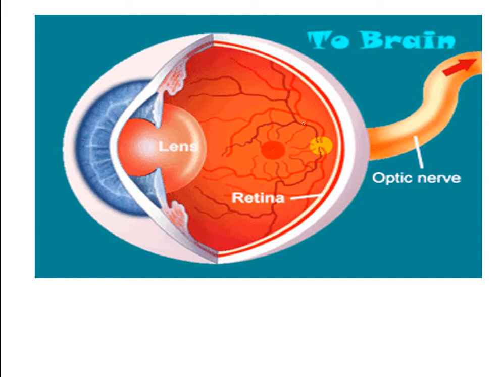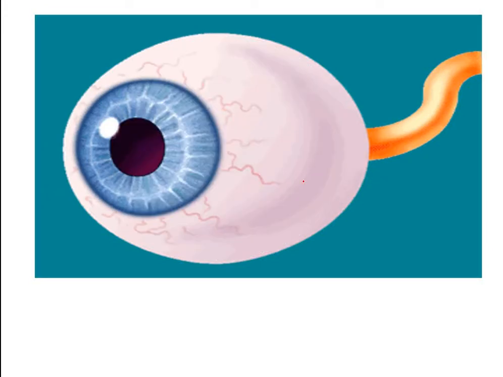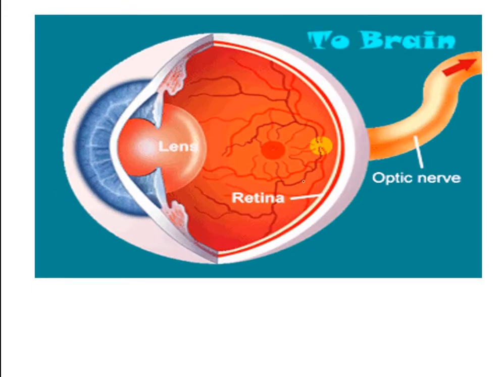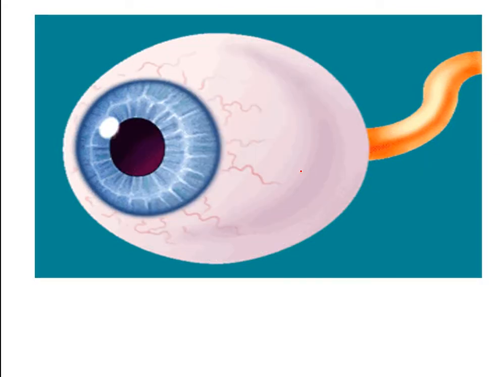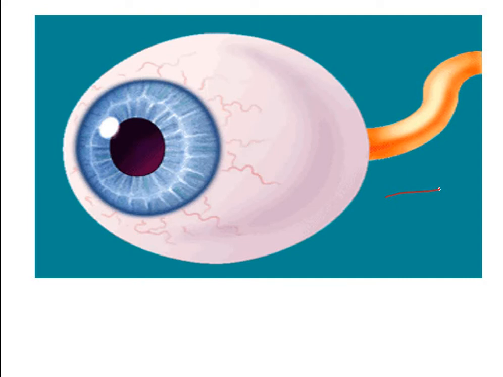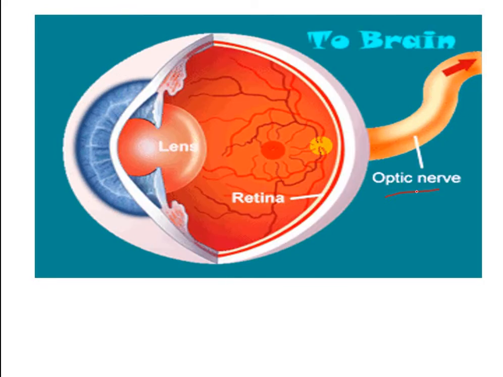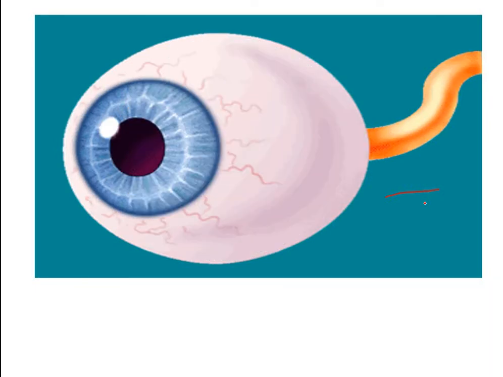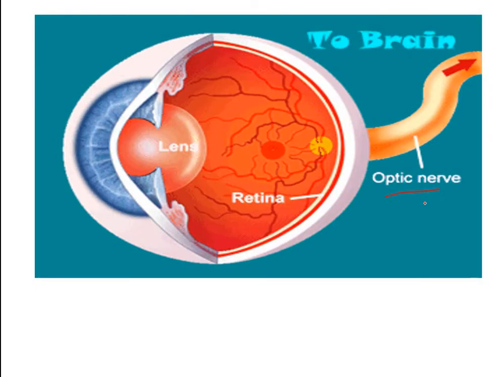The retina has nerve cells or receptors called rods and cones. These receptors are responsible for transferring the impulses to the brain through the optic nerve. Then the brain will process this information and we will be able to see the object in front of us.